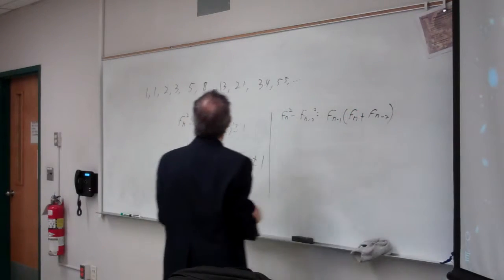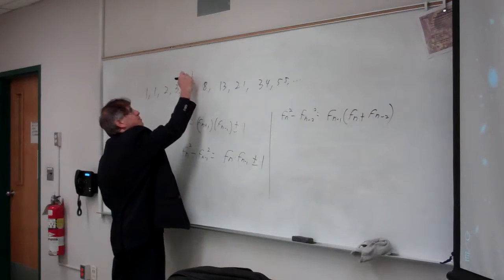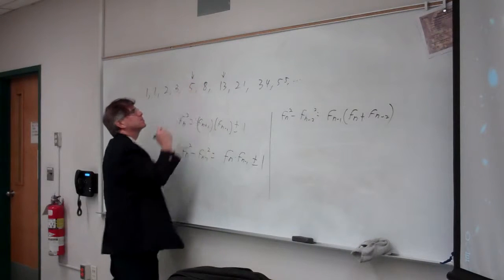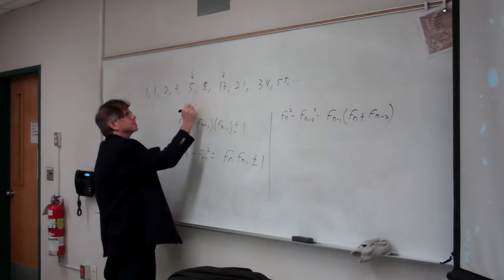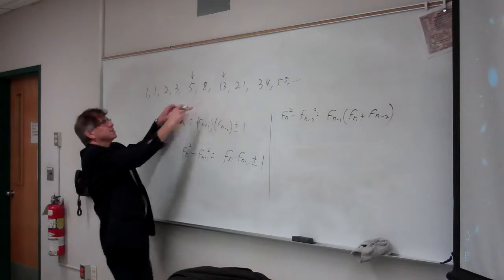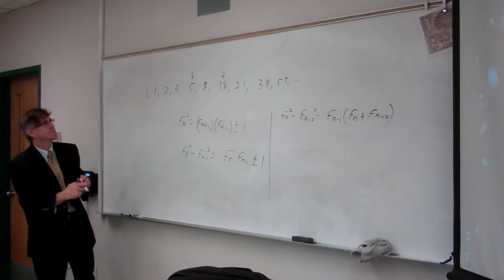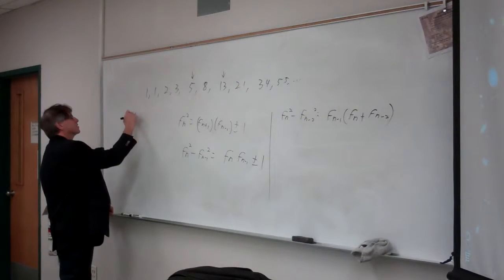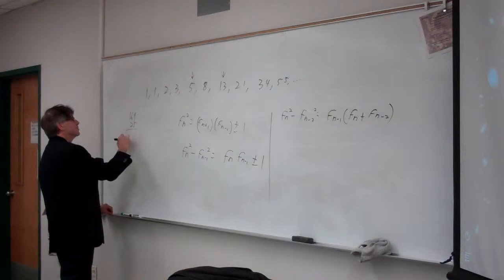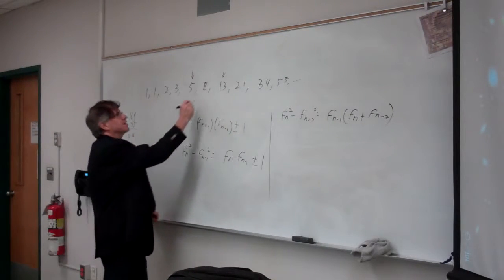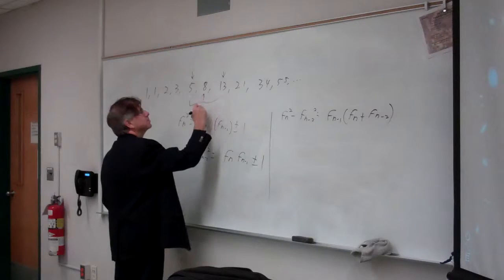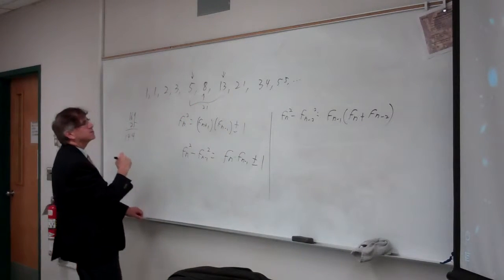That's close. So this squared minus this squared is equal to this times the sum of these. So 13 squared is 169 minus 25 is 144, and that's equal to 8 times... that doesn't look right.